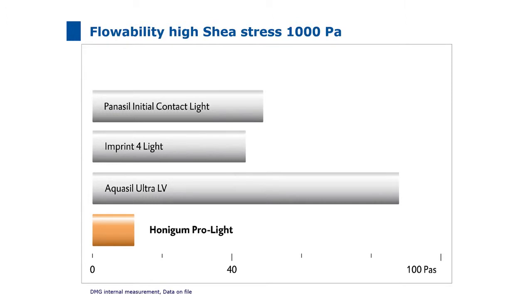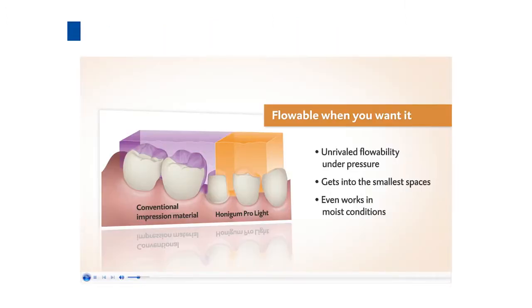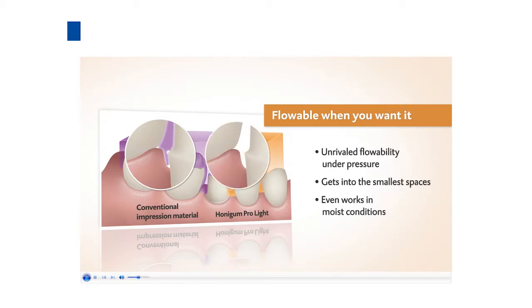This other case will show you the benefit of Honigum Pro once again. The advantage for the dentist could be shown very easily. Very ordinary impression materials may not be flowable enough to get into the areas desired, and that could make the impression inaccurate. Honigum Pro is the ideal impression material for you.